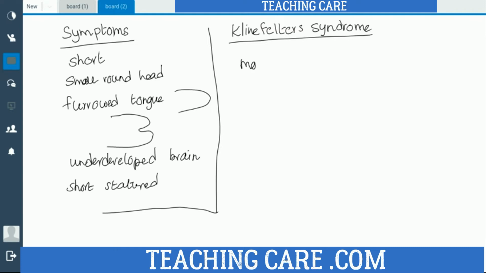Suppose you take a male human, they will have one X chromosome and one Y chromosome. This is normal. XY is male. But here one extra X chromosome will be there.